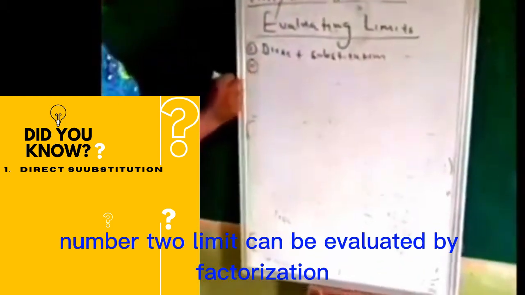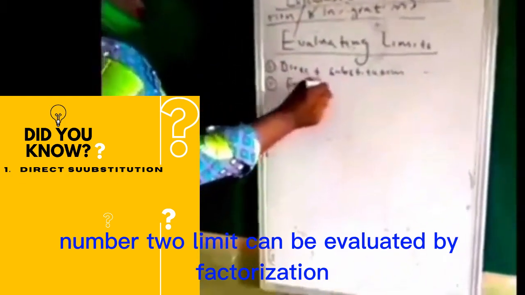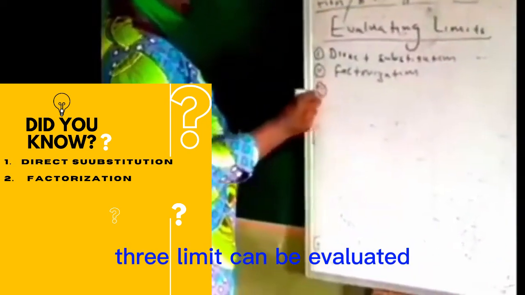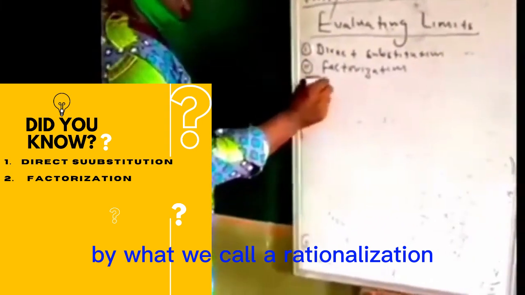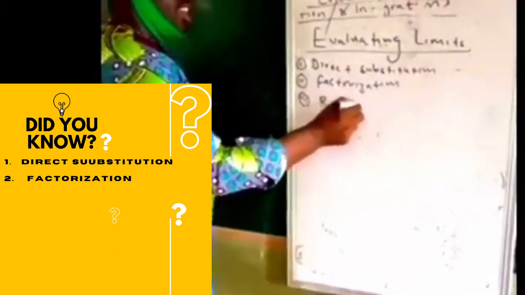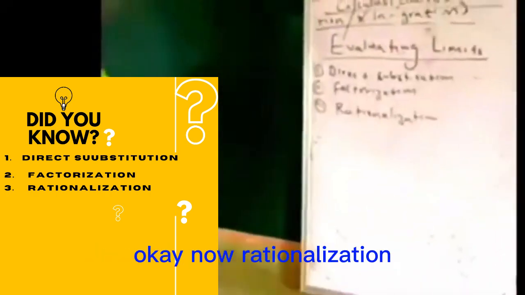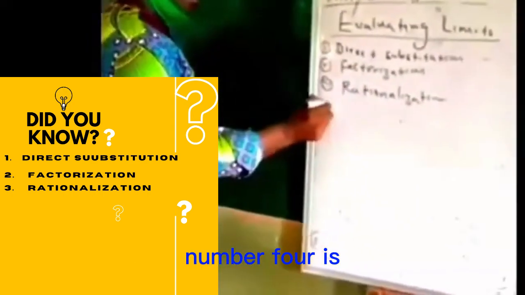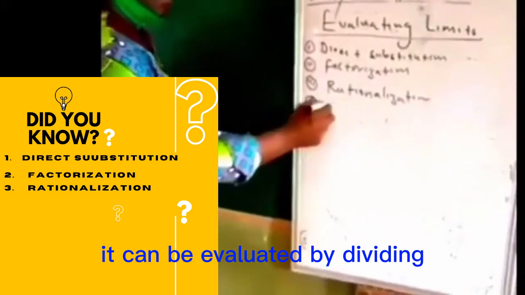Number two, by factorization. Three, by what we call rationalization. Don't mind me speaking phonetics. Number four, it can be evaluated by dividing.